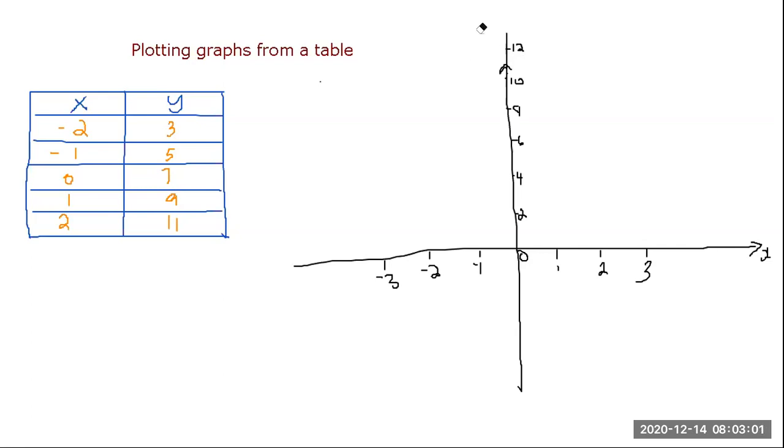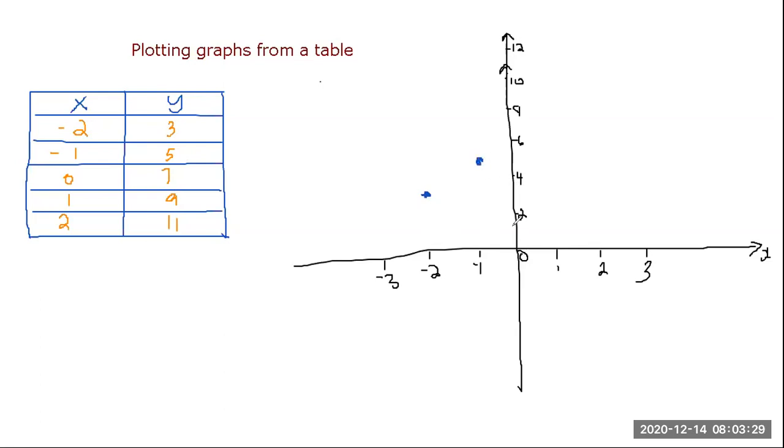There it is. Now all I'm gonna do, I'm gonna go point by point and plot them in. So the first one is -2, 3. So I'm gonna find -2 on my x-axis, which is here, and then I'm gonna find 3 on the y-axis. 3 is in between 2 and 4, right? So it's gonna be right there. That's that point. Now -1, 5.